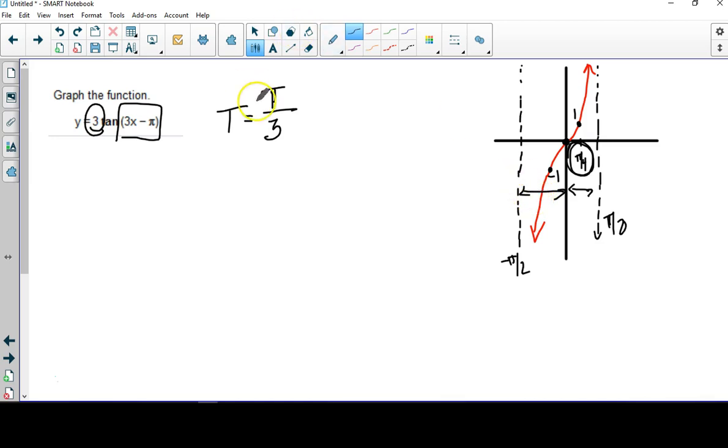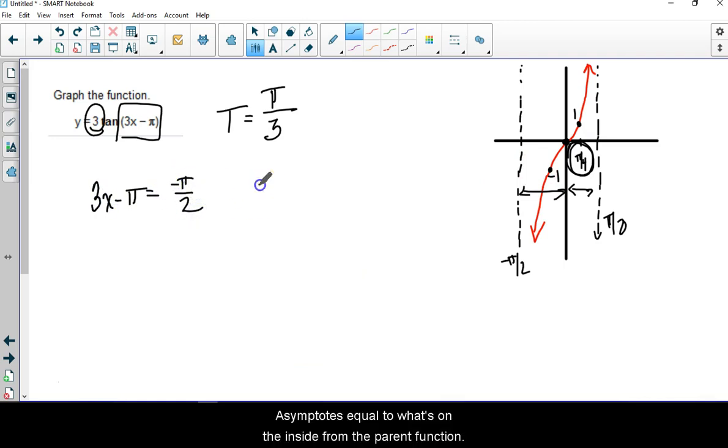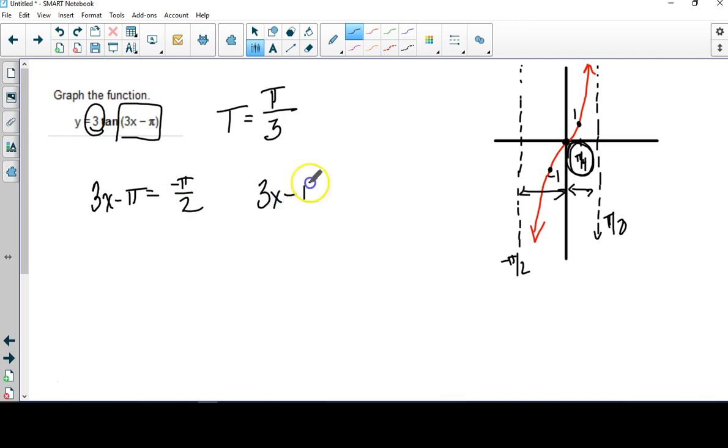The phase shift is going to start, instead of in here, over here, but I'm going to use these asymptotes to lock it in. So instead of setting this equal to 0, I'm going to set each one of the asymptotes equal to what's on the inside from the parent function.